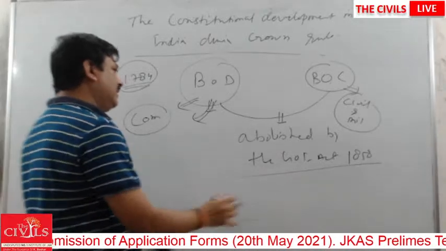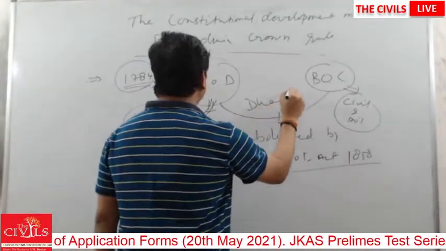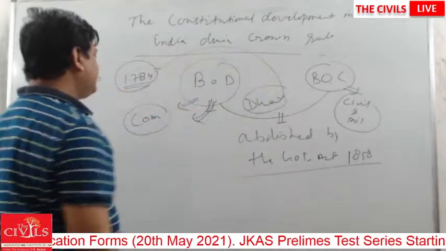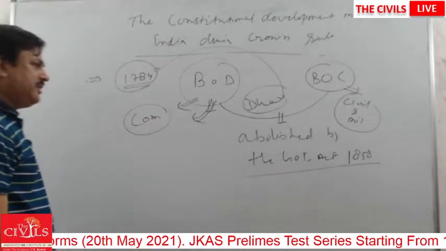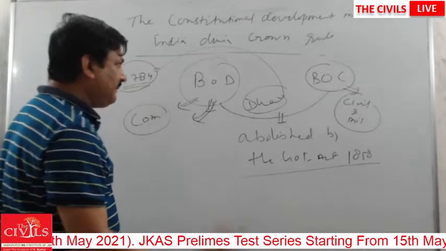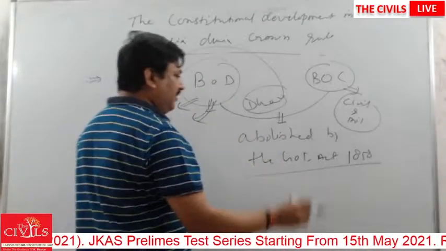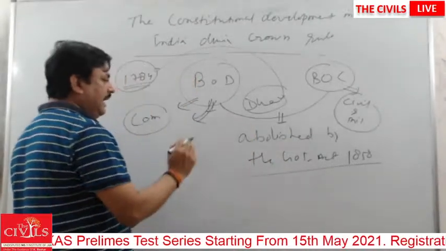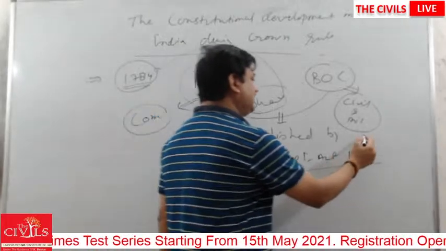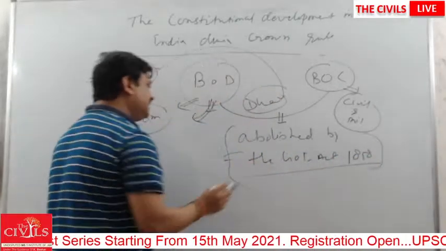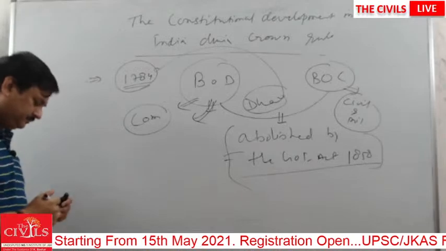This system was known as the dual government system. It started in 1784 and continued till 1858. In 1858, the Government of India Act was passed, and by this act this system was abolished. This is also a very important point.